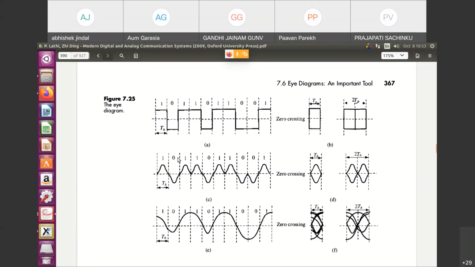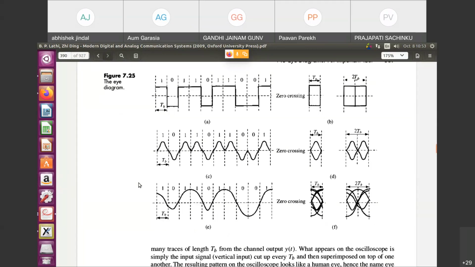But now assume the same pulse going through a band limited channel. Right now the channel is band unlimited, so that's why it's a perfect eye. But if this goes through a band limited channel, you will observe that the waveform becomes like this. That is what is really shocking: you have transmitted this, and once it goes through the channel, at the receiver the waveform is like this. If you try to plot the eye for this waveform, this is what happens after passing through the band limited channel.